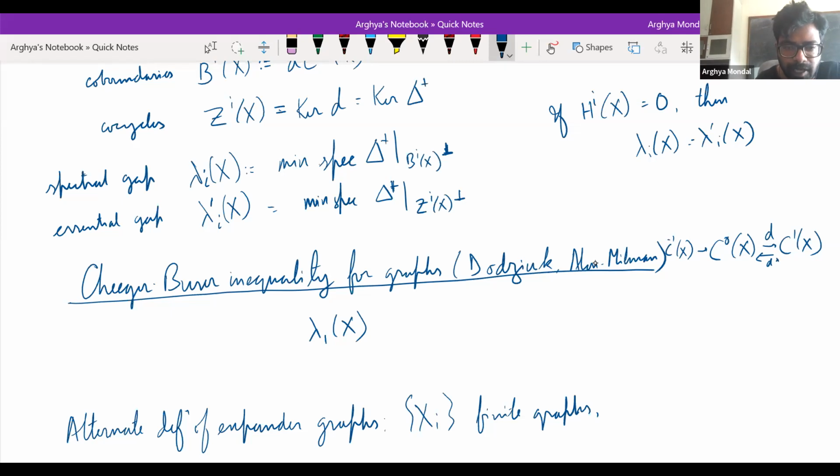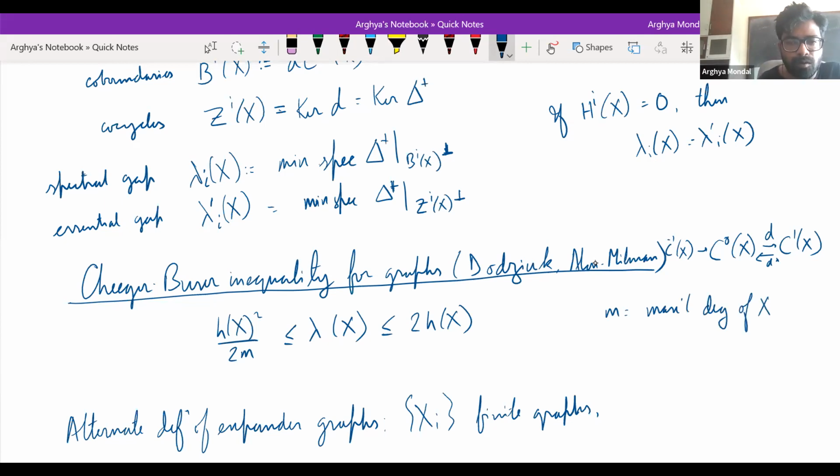And you look at the first non-zero eigenvalue of the Laplacian, maybe just call it lambda, and that is bounded by twice the Cheeger constant on one hand, and the square of the Cheeger constant divided by 2m, where m is the maximal degree of the graph.